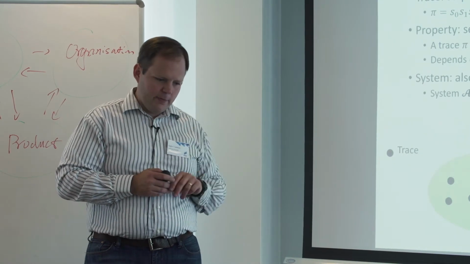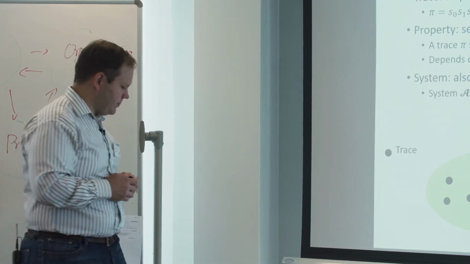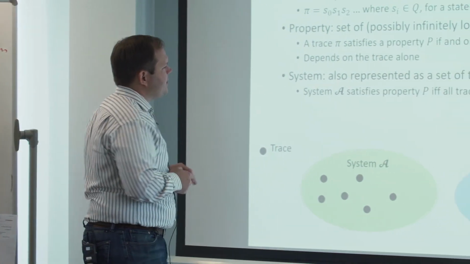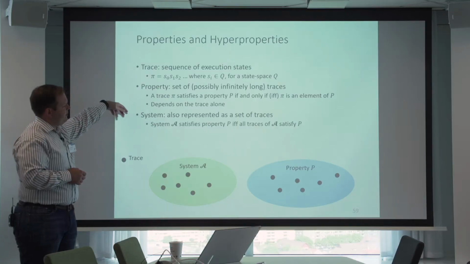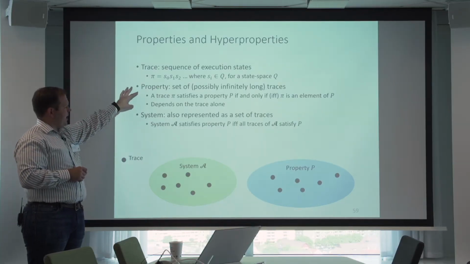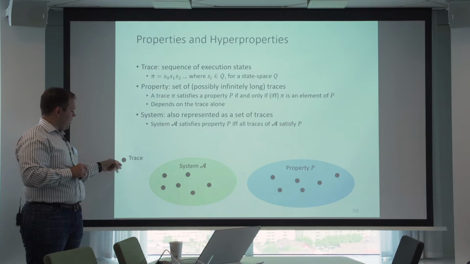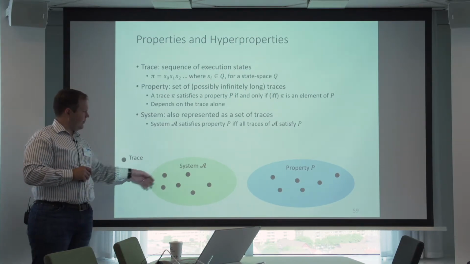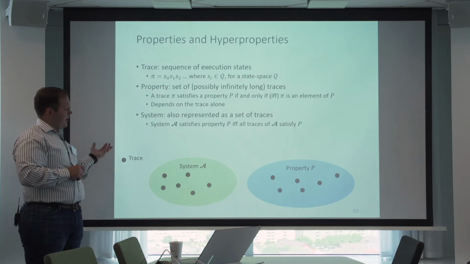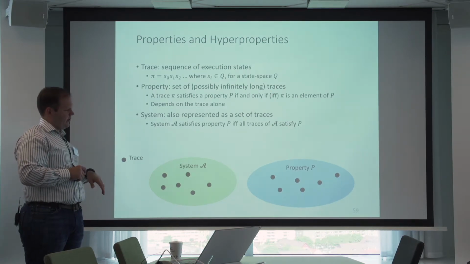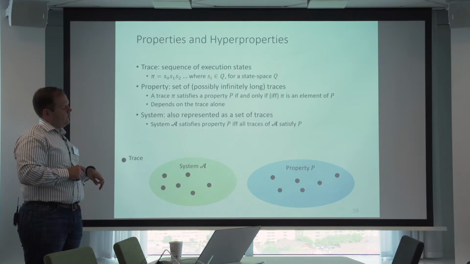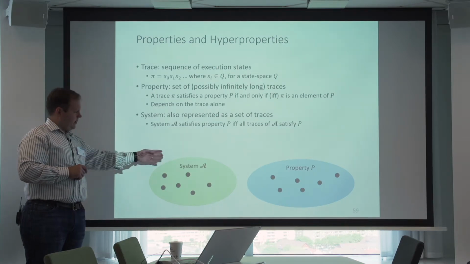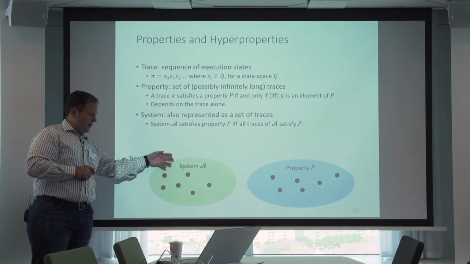Let me just pop up and talk about it another way. If you look at a trace as a sequence of execution states, then if I consider all of the possible traces of some system, we can think about checking whether a system satisfies the property by comparing the system's traces that can be generated.